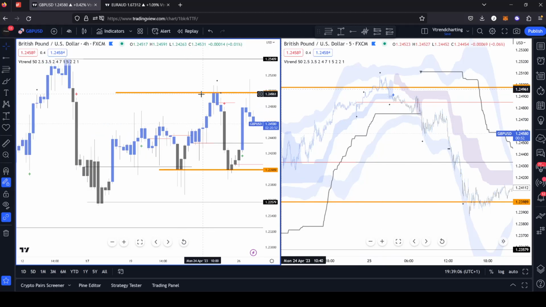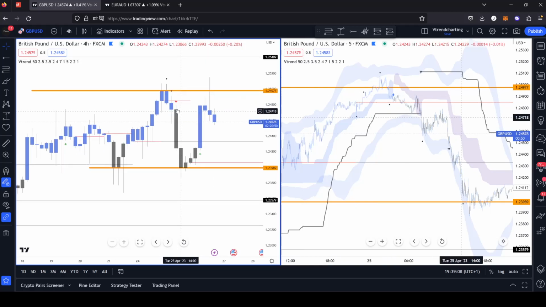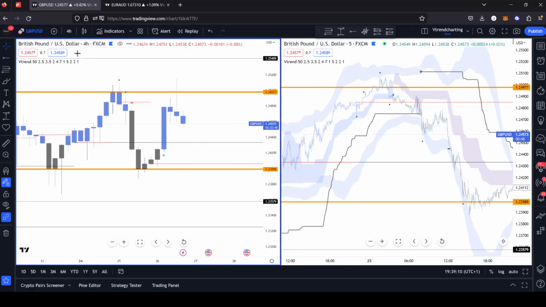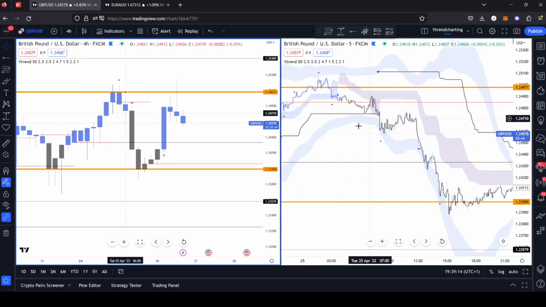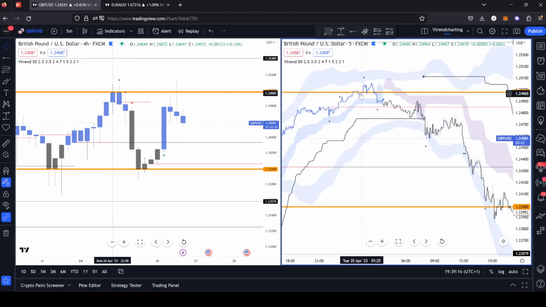I'm using it as a level now, so on this time frame, local level, and you can see here how the low time frame price reaction shows me that price is coming down.